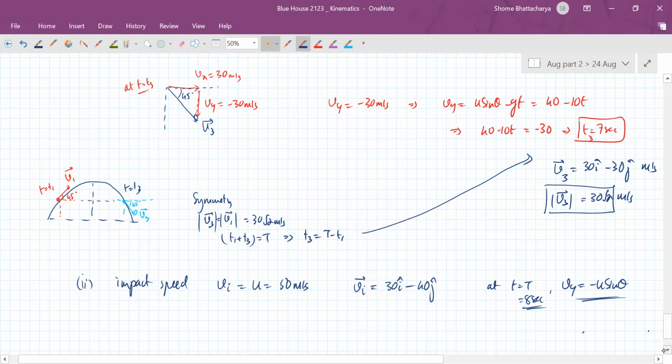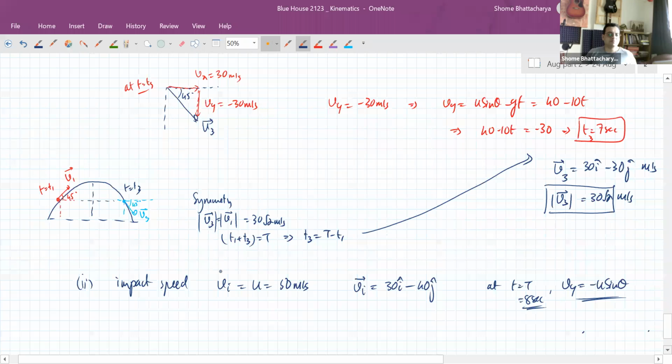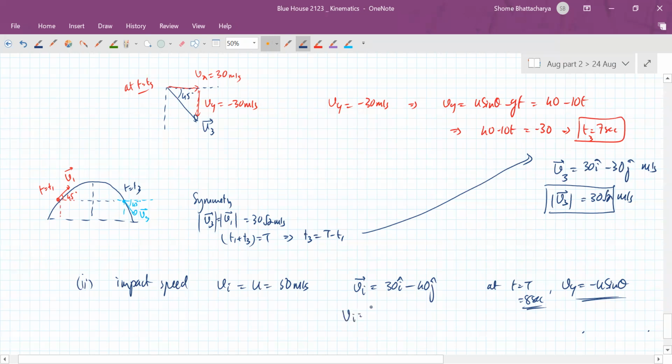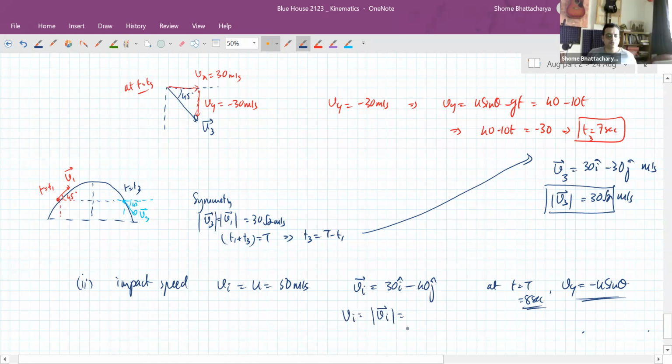So Vi would be minus 50, right? But that's magnitude, na? So magnitude always comes without sign. Understood, na? I thought you asked Vi. A component of velocity can be negative, like the y component is minus 40, you can see. But the magnitude of a vector quantity is never expressed as a negative quantity, na? Or positive for that matter.